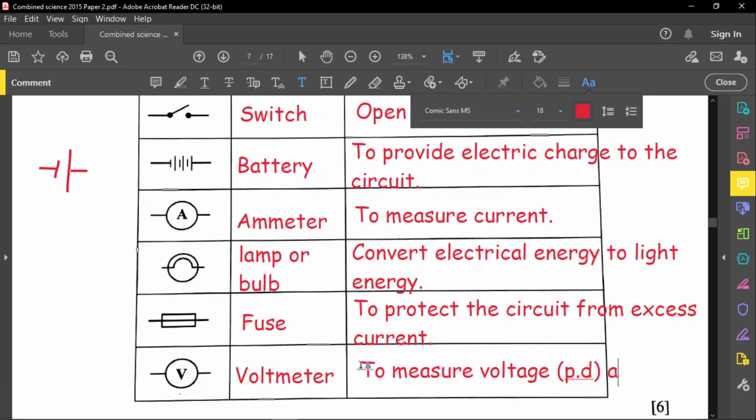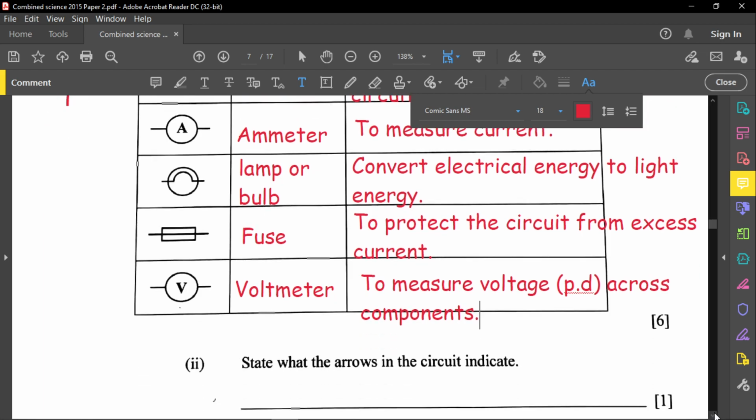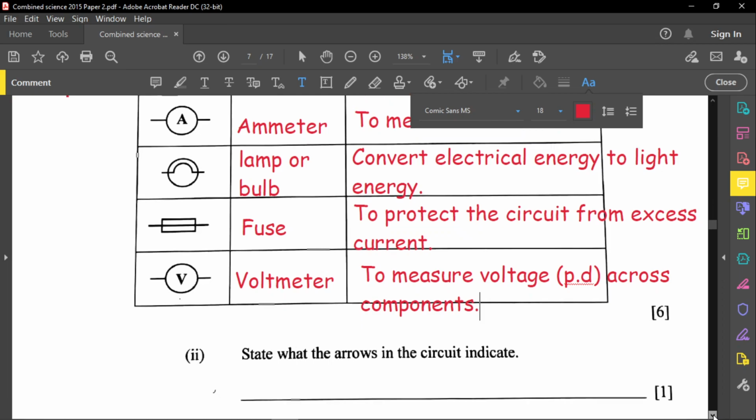I'll put the word across, so that's going to be important. Across components. So that will be our naming of the symbols and what they are used for in the circuit.